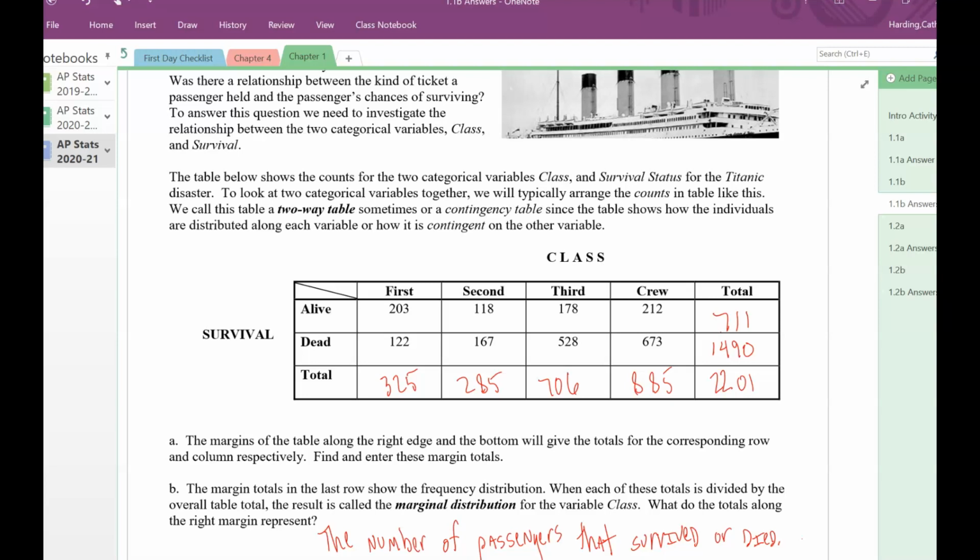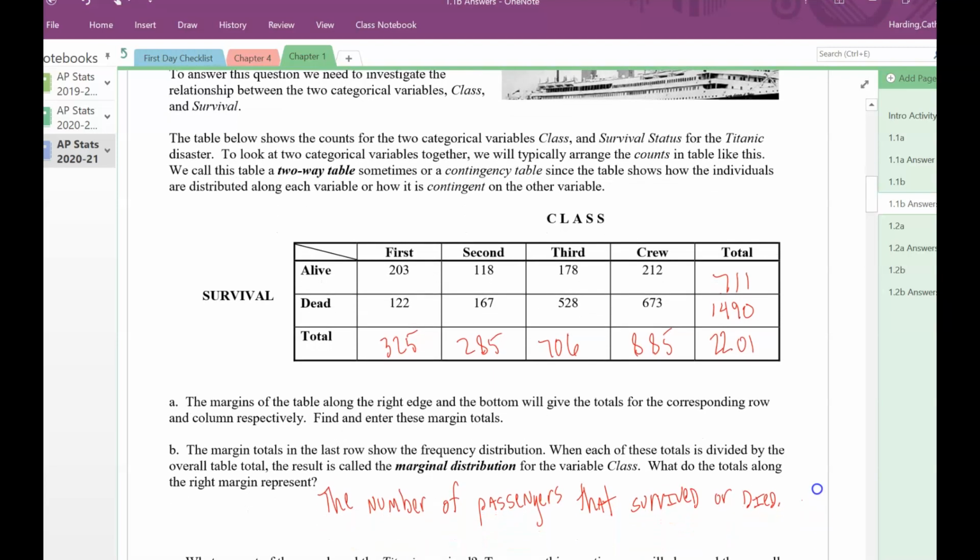These numbers along the bottom are called the marginal distribution for class. And it tells you how the tickets were separated by class. So if you want to pause the video really quickly, you can answer questions C through F.